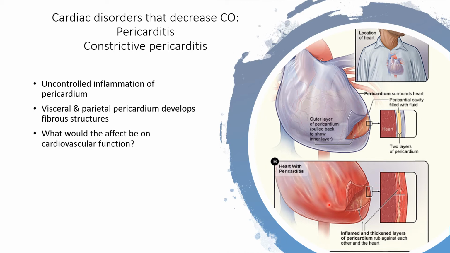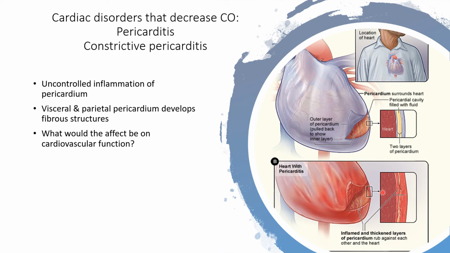And so if you increase the damage to the heart, so we're increasing the inflammation here, now the electrical conduction system is not going to work all that well. And then the contraction isn't going to work well, because now when the heart beats, it's going to be rubbing up against something. Now, if you just rub your hands together for an amount of time, you see how warm that gets.